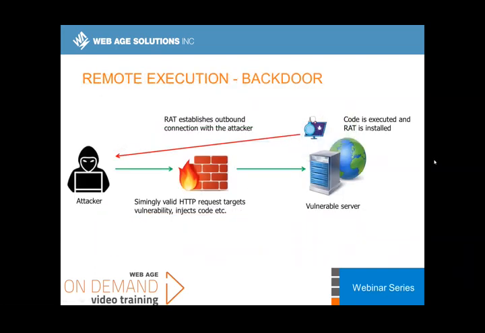Next, remote execution or backdoor, right? So basically with remote execution or backdoor, we've got a vulnerable server. We've got something that we didn't patch, right? So basically the attacker will send a valid HTTP request, but target the vulnerability. And what they can do is they can drop in code in that HTTP request, and in the backend, a remote access tool can be installed. And then the remote access tool actually calls the attacker back, right?